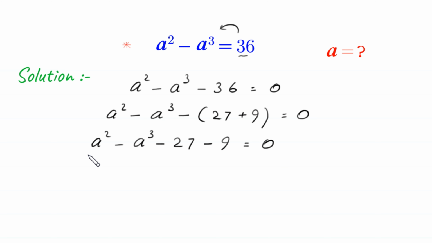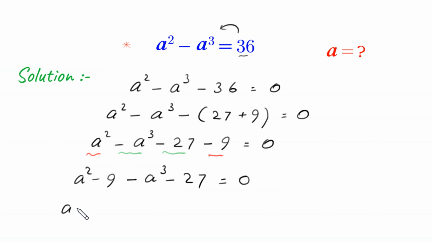Now we write this a squared with this negative 9, we write this a cubed with negative 27. So this will become a squared minus 9 minus a cubed minus 27 is equal to 0.